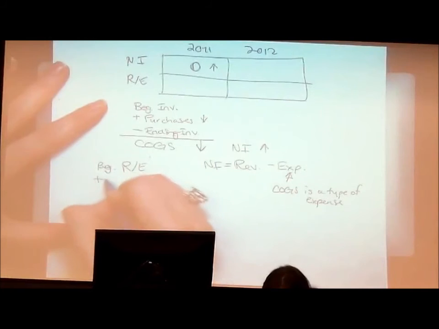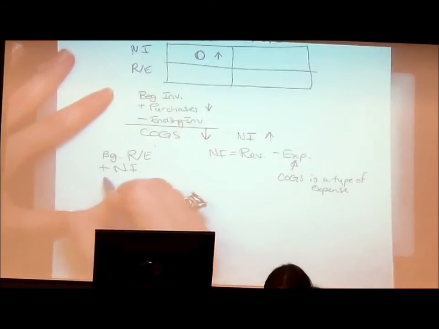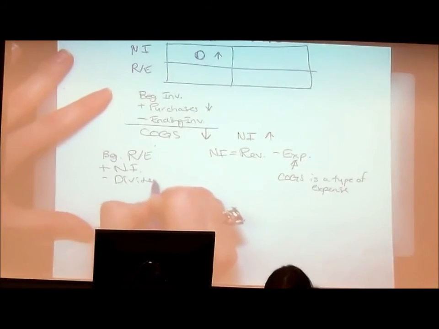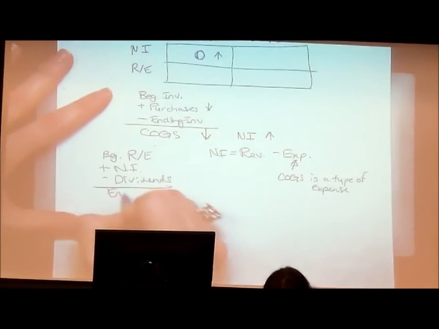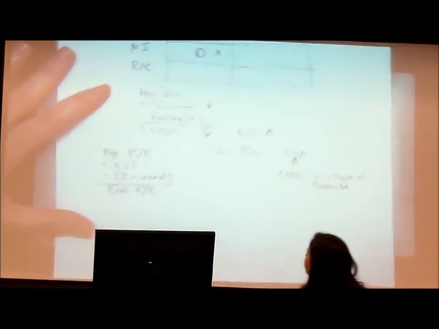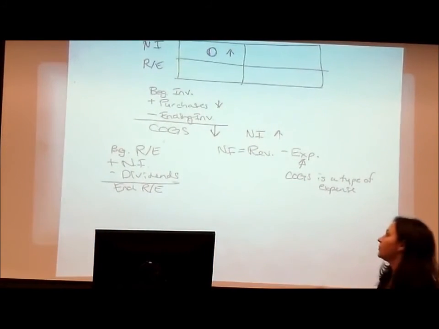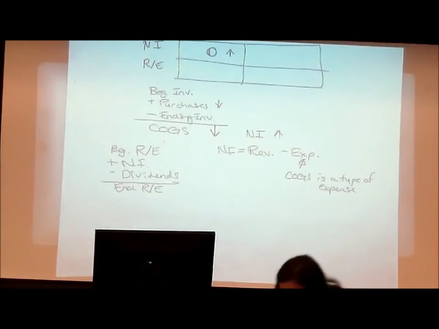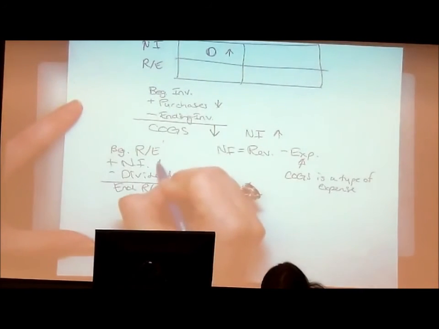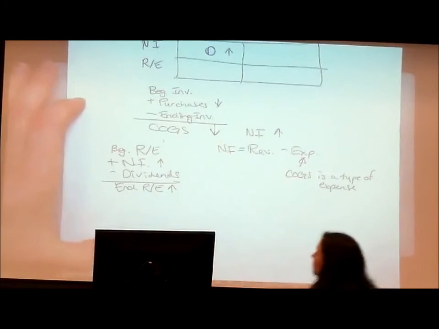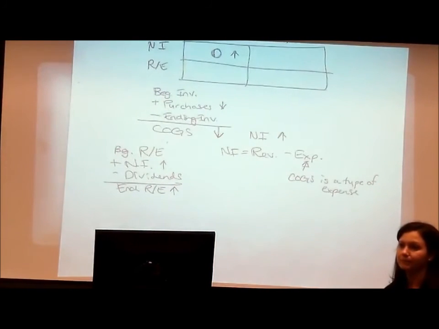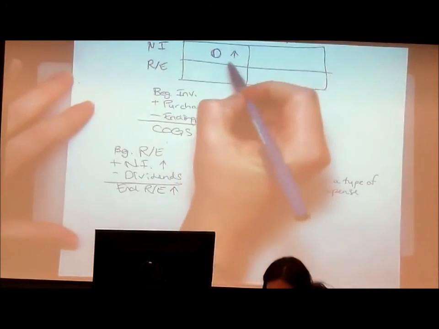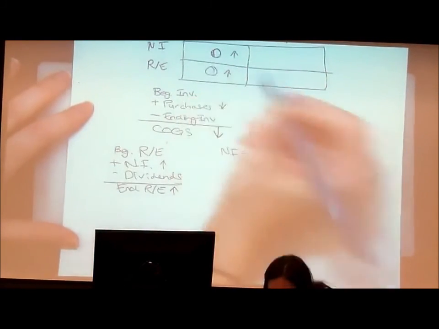Beginning retained earnings plus net income minus dividends gives us ending retained earnings, right? So net income and ending retained earnings move in the same direction. So if we think it went up, then ending retained earnings went up, or is overstated in the way the problem is written out.